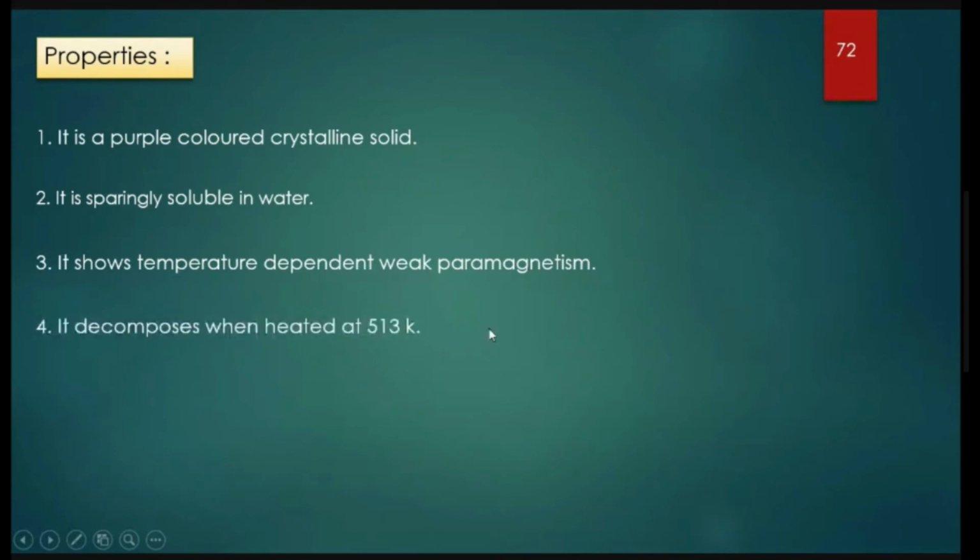It decomposes when heated at 513 Kelvin. Yeah, so potassium permanganate, when heated at 513 Kelvin, undergoes dissociation into potassium manganate with the formation of manganese dioxide and with the liberation of oxygen gas.